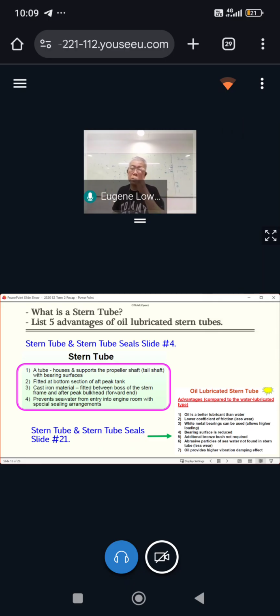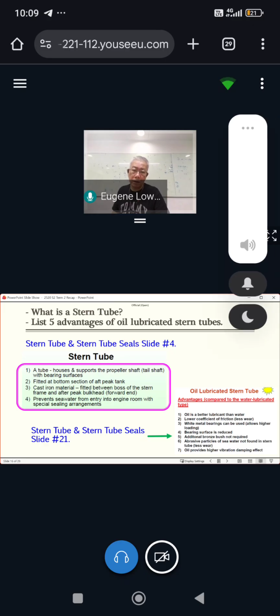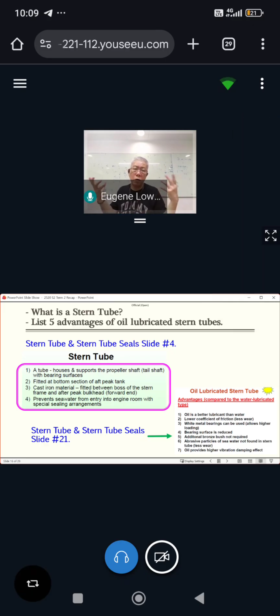Metallic bush bearings, with a layer of white metal. So these kinds of bearings allow for higher loading, right? Higher loading, you can support more weight and you can subject to more stresses. Okay. Bearing surface is also reduced, which is a good thing. I explained in class also.